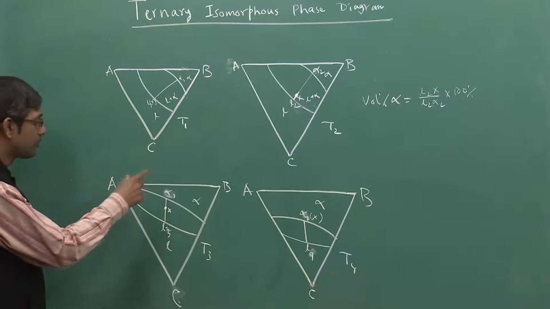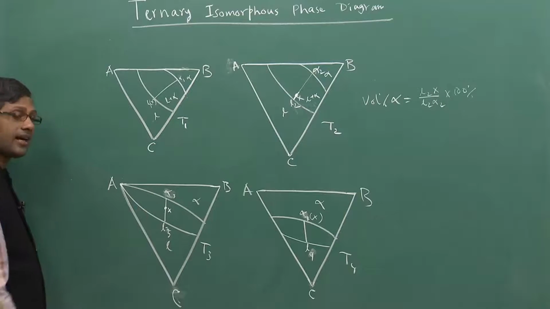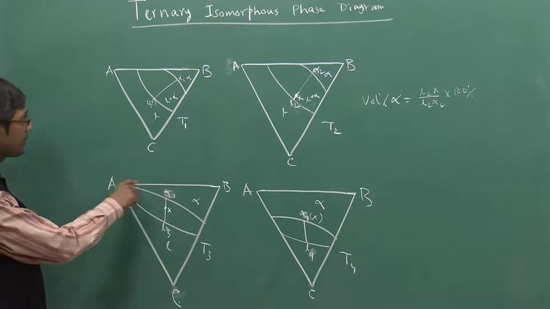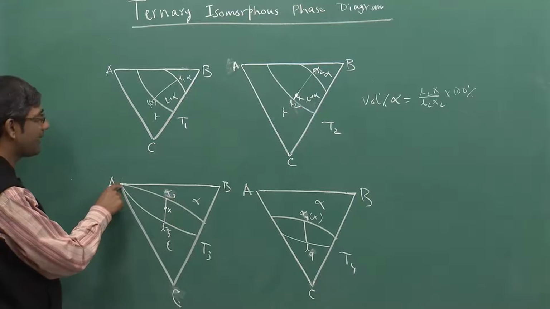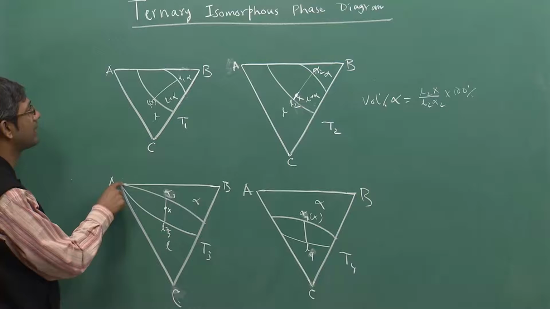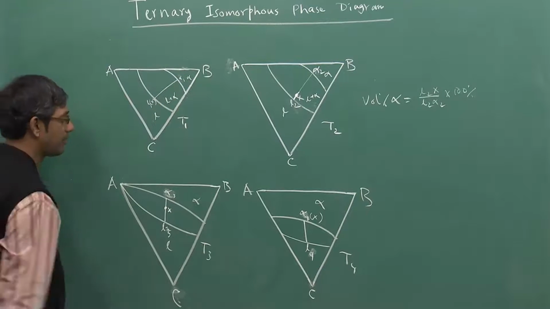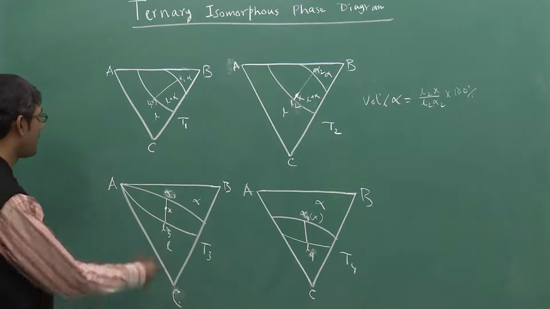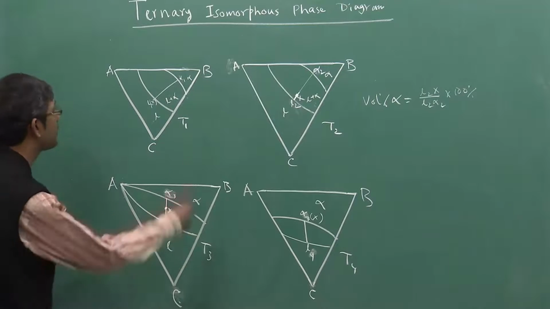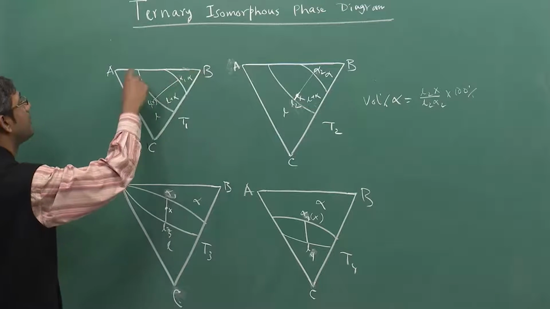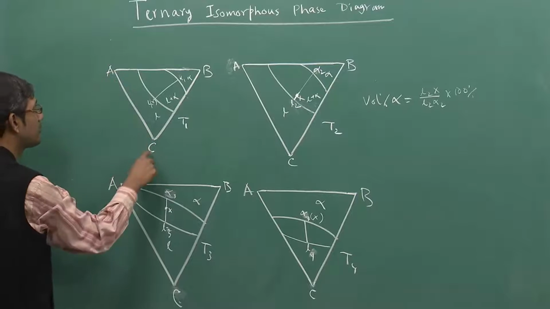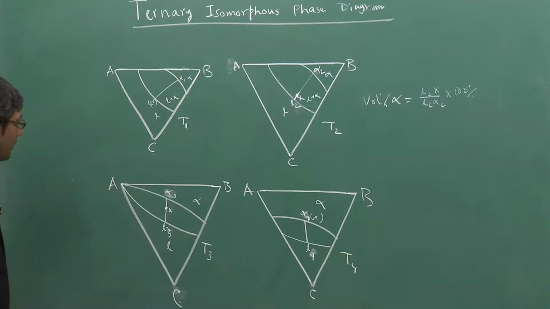Then if I come to temperature T3, X is well inside this projection, and if you see the projection carefully, it starts from each end, because B here is the highest melting temperature element, C is the lowest melting temperature, and A is the intermediate. What happens here?